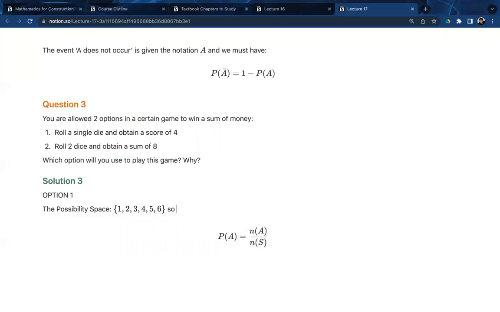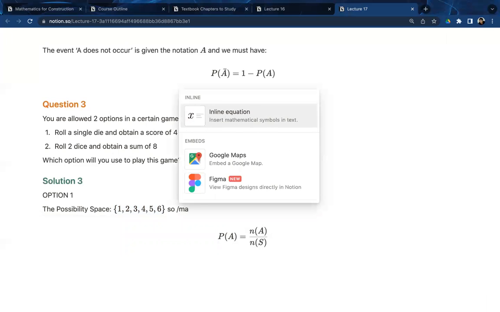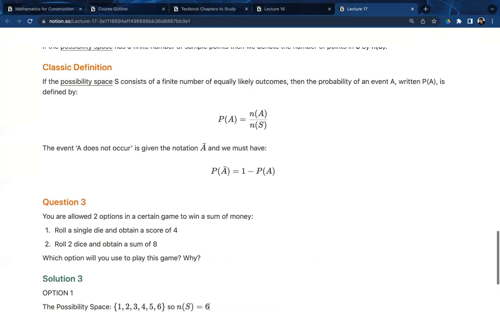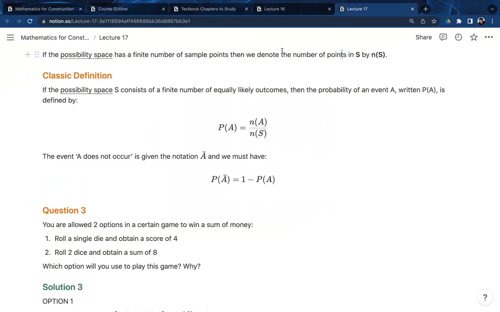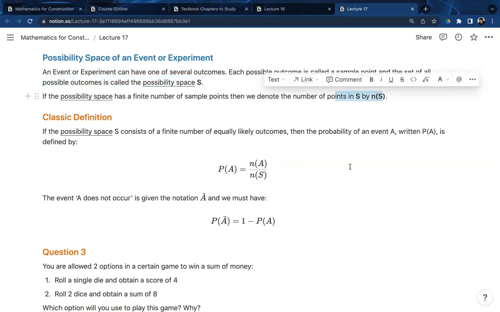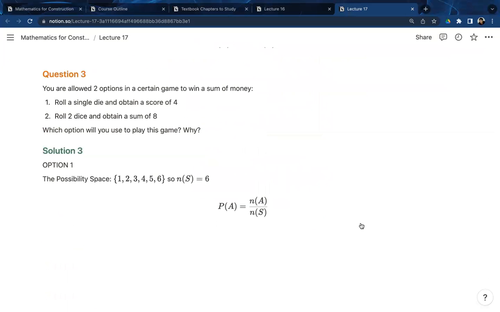So n(S) equals 6, because that's the number of items in the possibility space. That's what they say, number of points. That's what n(S) is.